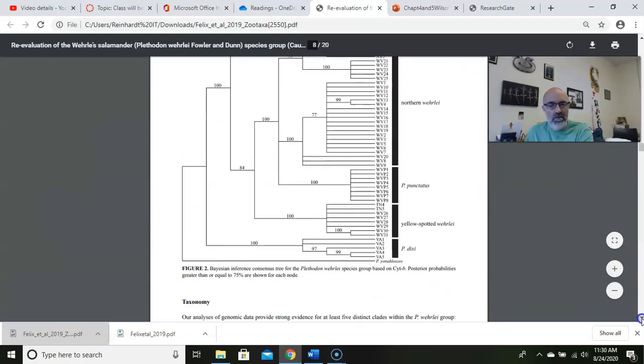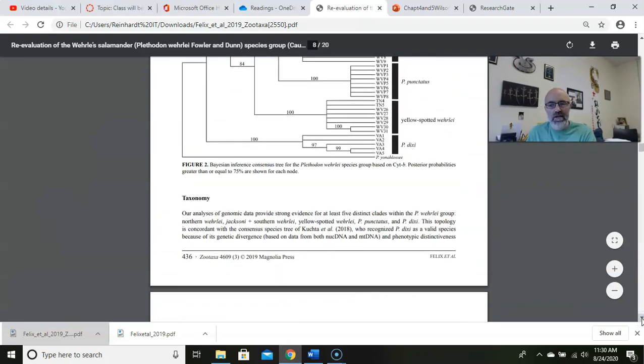And when you read through those, that leads us into the taxonomy part of the paper. Okay, this is still part of the results. And that is, again, the main point of this paper and why I want you to read it: we have a group, we collect the data, we get the results, and then we use those results to inform how we group and name members of this species group.